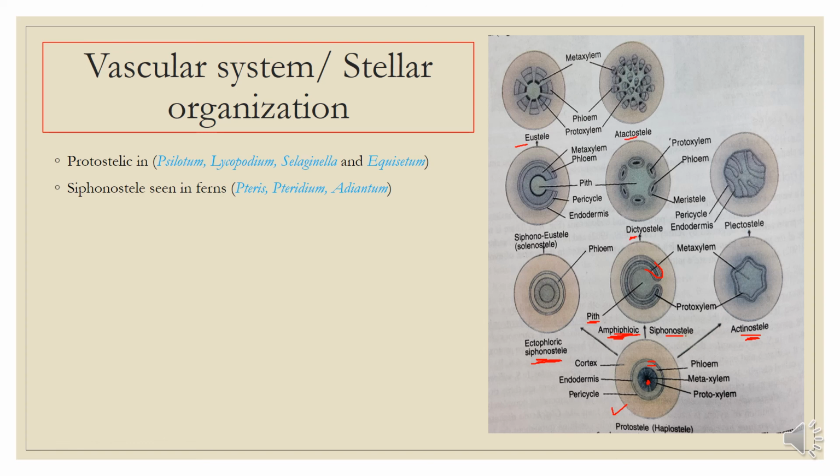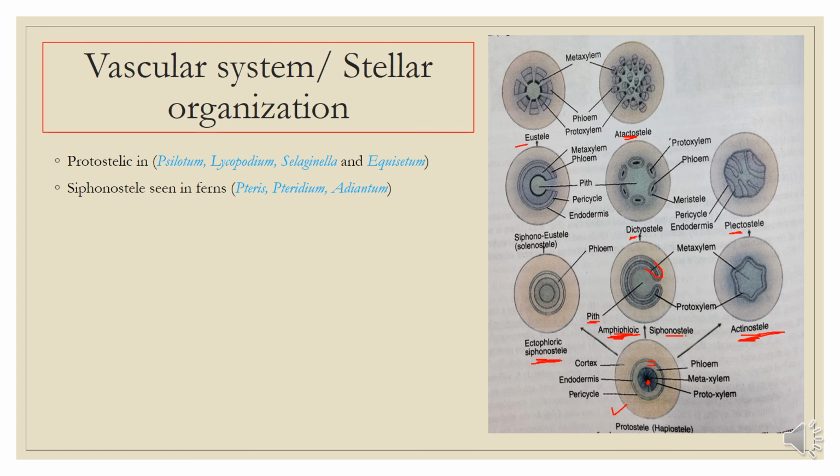They develop into either dictyostele or the atactostele when, due to leaf gaps, they are dissected and fragmented several times. And when the star-shaped actinostele gets fragmented further due to leaf gaps, it forms the plectostele.